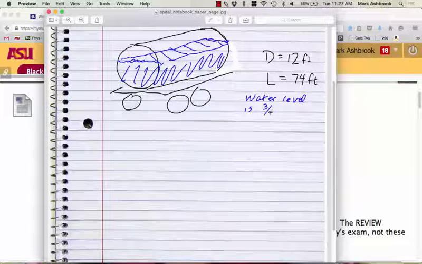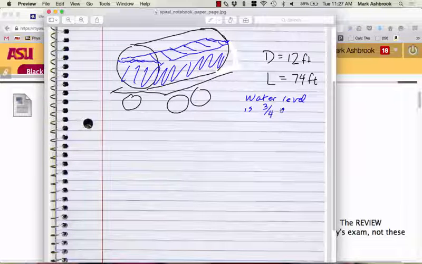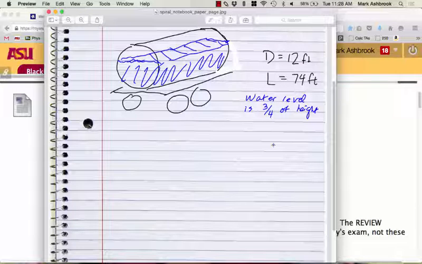No, not by volume but by height. 3/4 of the diameter, right? So it's 3/4 filled by height, not by volume.